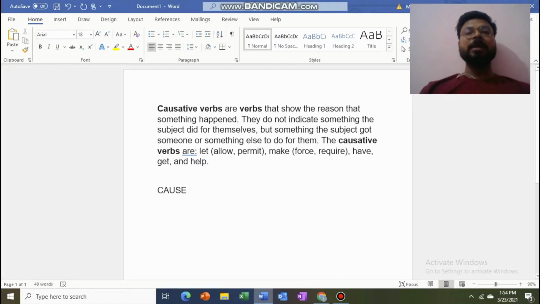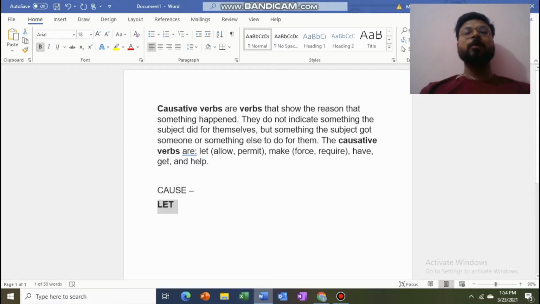So right now we'll be talking about these four causative verbs: let, make, have, and get. I hope I'm pretty much clear till now, and let me tell you how we are going to use it. The first causative we have here is let.